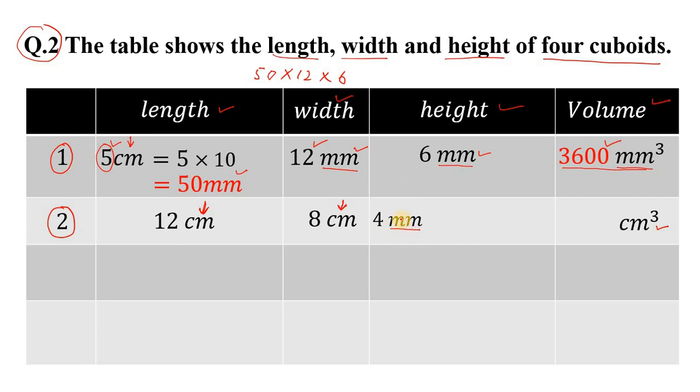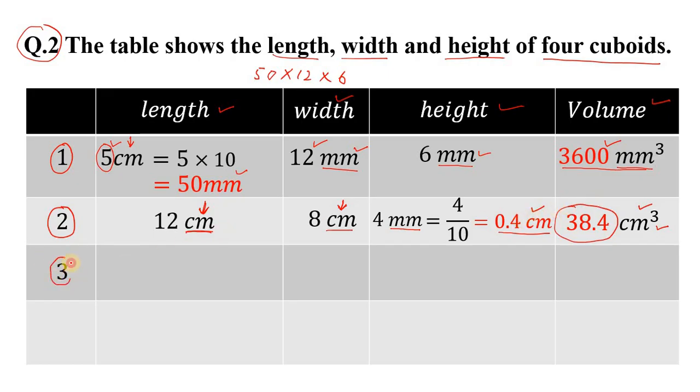So we convert millimeter into centimeter: divide by 10. So 4 divided by 10 is equal to 0.4 centimeter. So all values are in the same unit. 12 centimeter, 8 centimeter, and 0.4 centimeter. Multiply all values, we get 38.4 centimeter cube. This is our final answer.